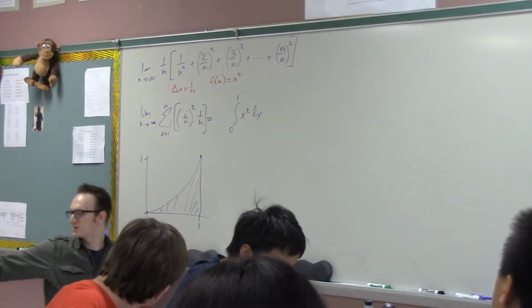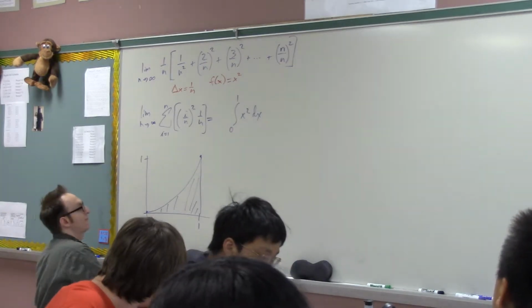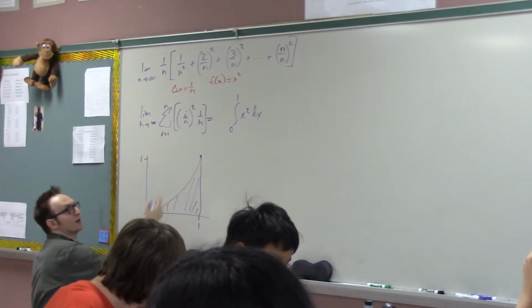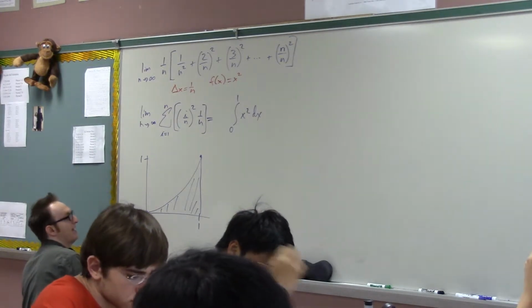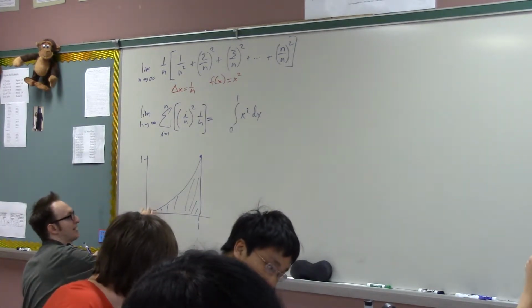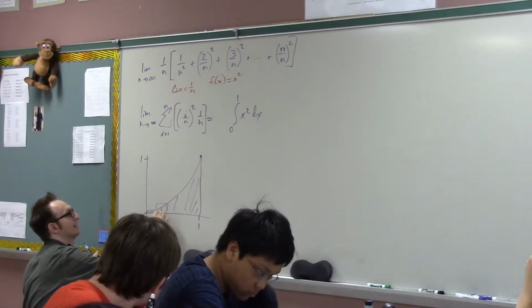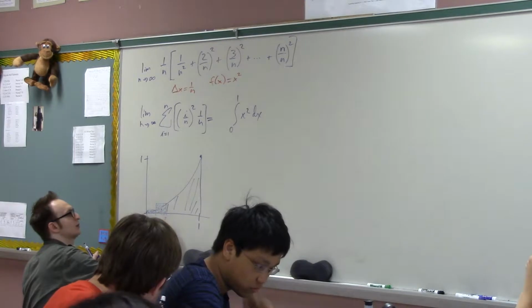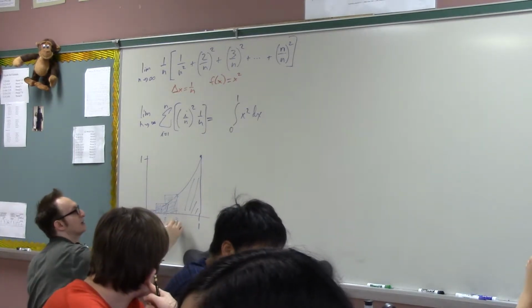You would use n rectangles, and the width of each one, delta x, would be 1 over n. The first rectangle is 1 over n, the second rectangle is 2 over n, and for the third rectangle the x value is 3 over n.